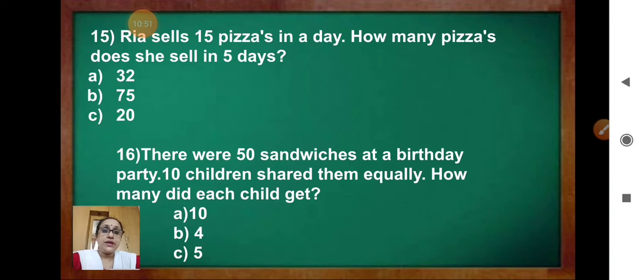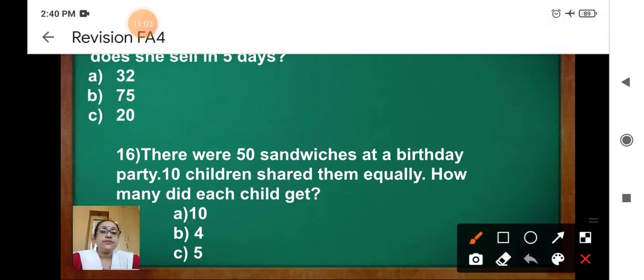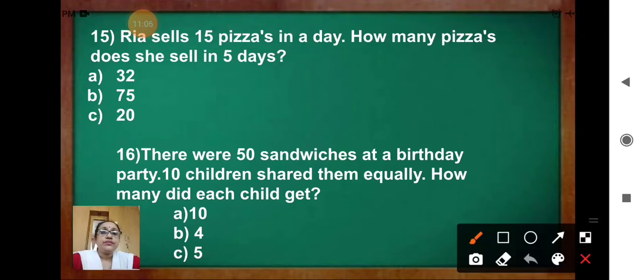Question 15. Ria sells 15 pizzas in a day. How many pizzas does she sell in 5 days? Options are given. A is 32, B is 75, C is 20. So to get the correct answer, what you have to do?